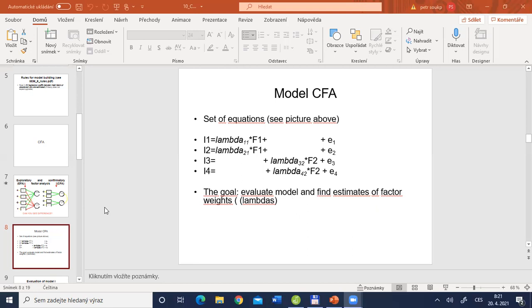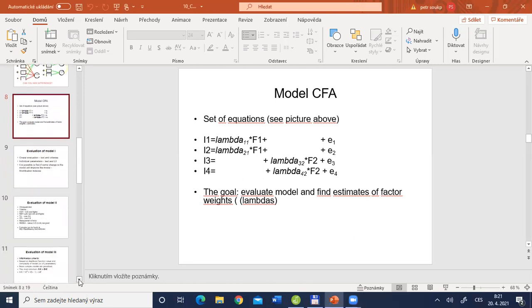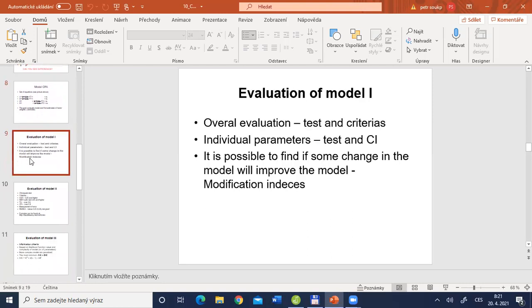So I would like only briefly to recap the basic steps for the evaluation of models. First of all, we would be using overall evaluation, and then we would be evaluating individual parameters. And today, we would also discuss the option of so-called modification indices.